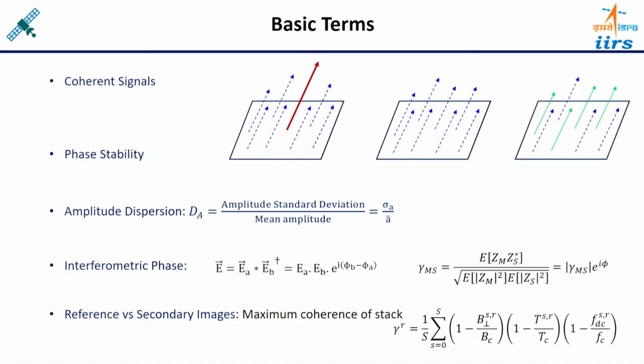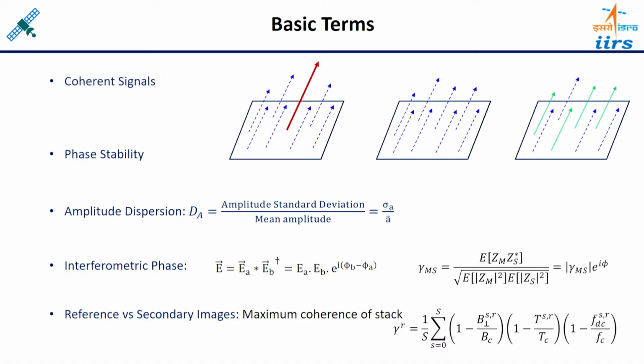Let us say if the coherence value is less than 0.25, then you can say very low correlated signals, or from 0.25 to 0.75, then you can say moderately coherent signals, or if the coherence value is between 0.75 and 1, then you can say highly correlated signals. Okay, so this coherence level is very important when we are discussing the InSAR techniques.